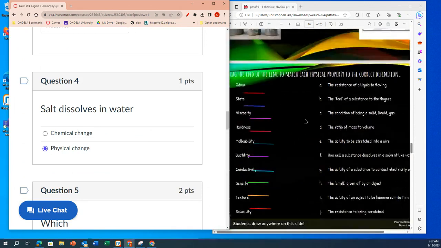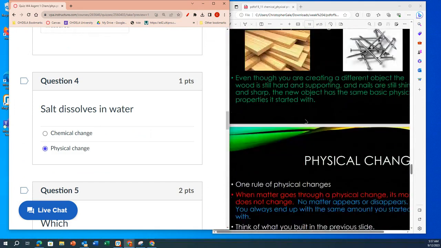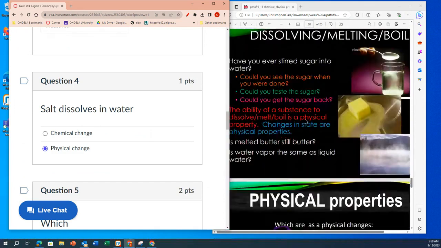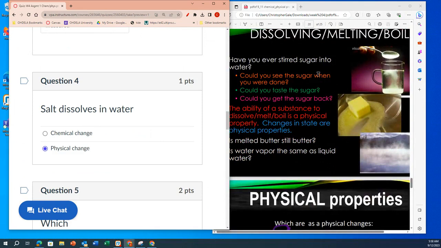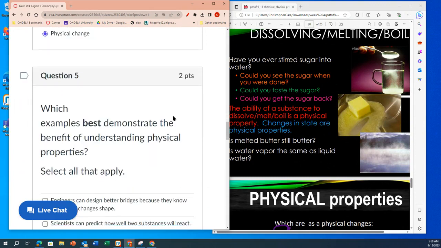Physical changes. Yes, dissolving in water. You can see that the sugar has been, where has it gone? Could you taste the sugar? Can you get the sugar back? Sure you can if you let this dissolve. So it's a physical change.